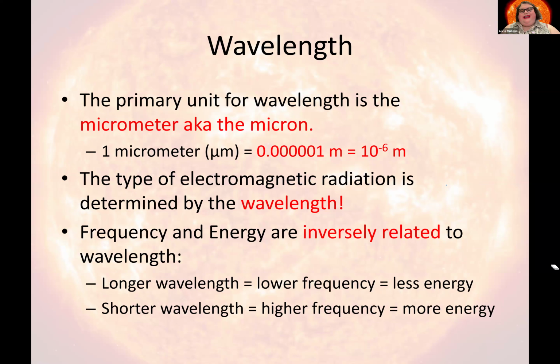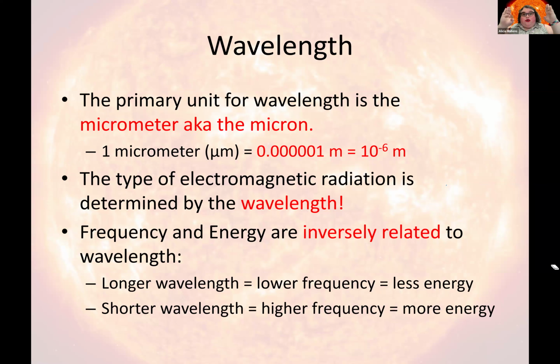How's the signal like? AM radio stations suck as far as sound quality. Well, the reason why is because they have very long wavelengths. I'm talking hundreds of meters. And as a result, very, very long wavelengths means very, very low frequency, very, very low energy.